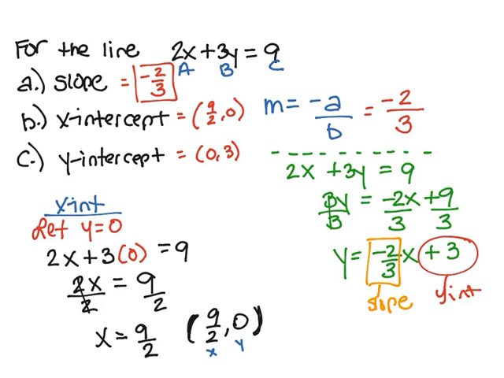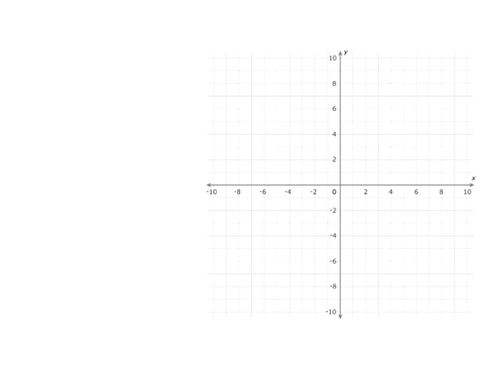Okay? So kind of keep that in mind if you're given an equation in standard form. To find those x and y intercepts, you always let the other variable be 0. Okay? All right.